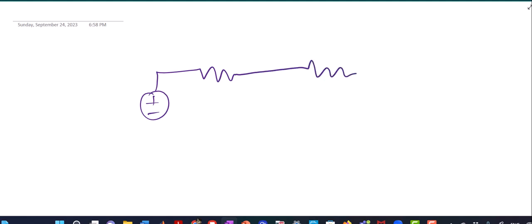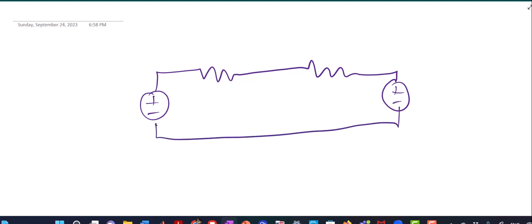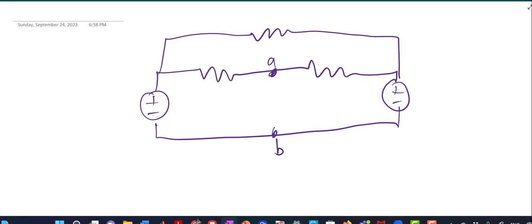Okay, so it looks like this, and you are supposed to find V. This is labeled plus, this is labeled minus. So VAB.